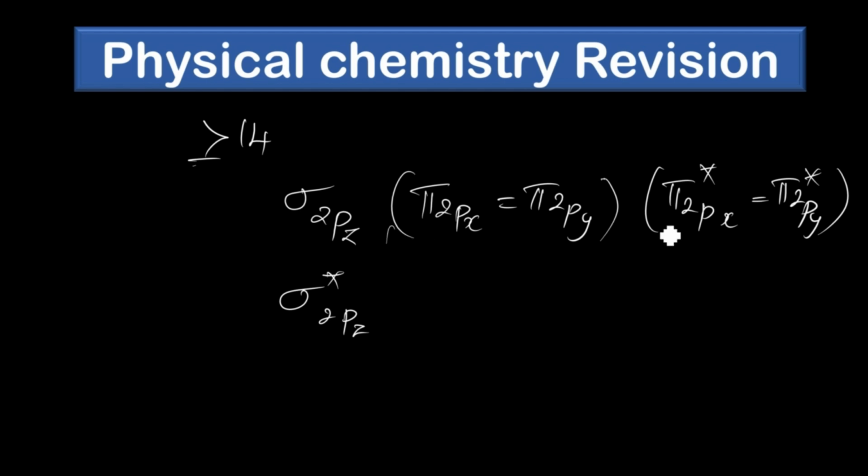So this is the order of filling the electrons for the next type, O2, F2, N2, Ne2 type.